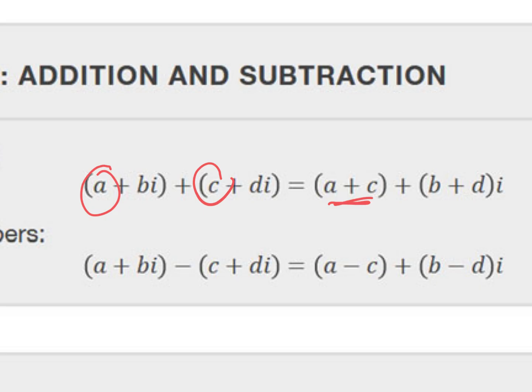Those are your real numbers. Both of these are real. Now the other two, bi and di, are both the imaginary part. So I'm going to add b plus d, and then they get an i.